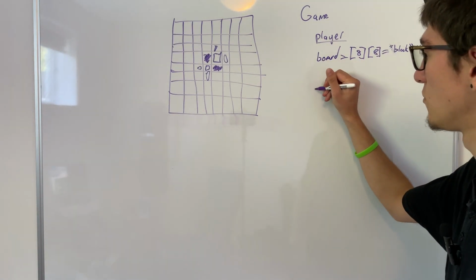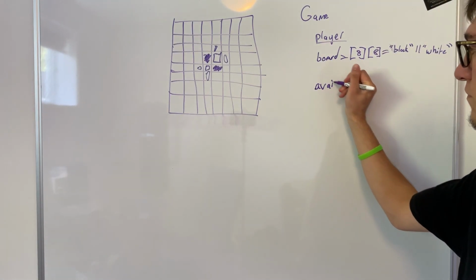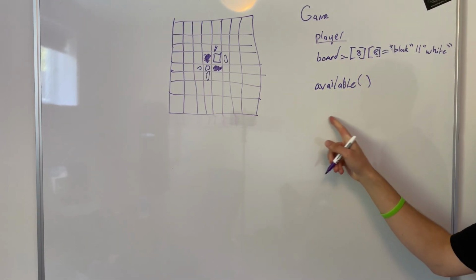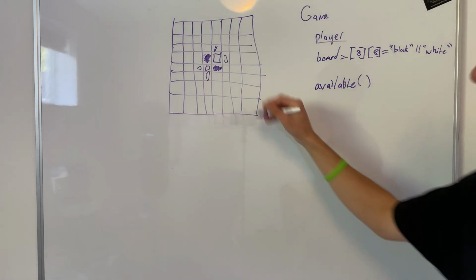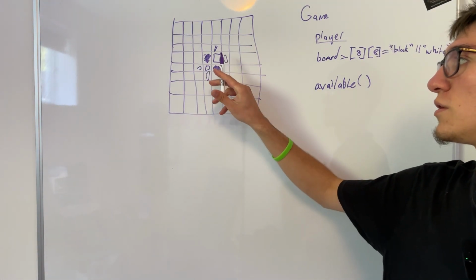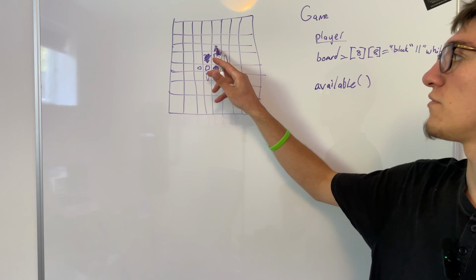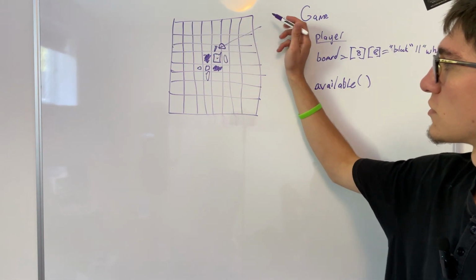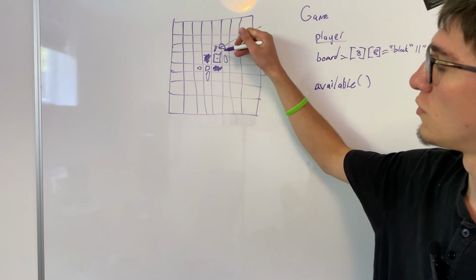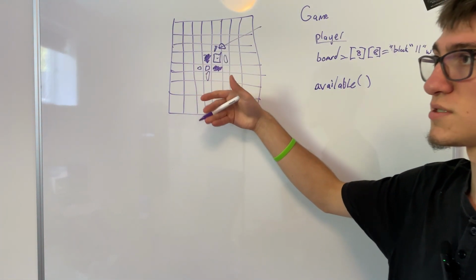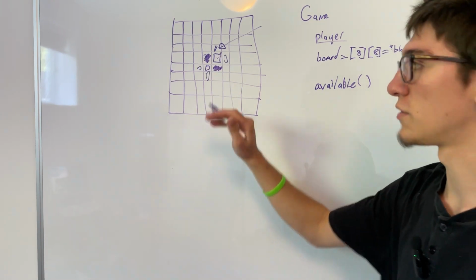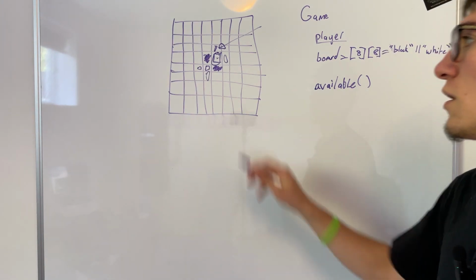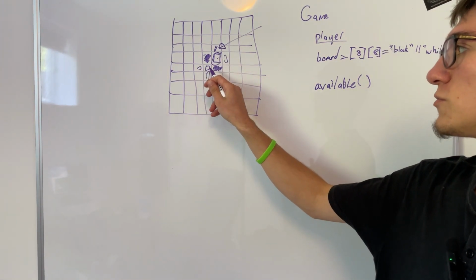So we'll have the available function, but we'll need to call another function which, for a given x, y, well, let's say this one, right? For this specific spot, let me know all of these cells that are in between, right? So this one, it would return an array with only this one in this case. Same for this one. And this one would return this one.